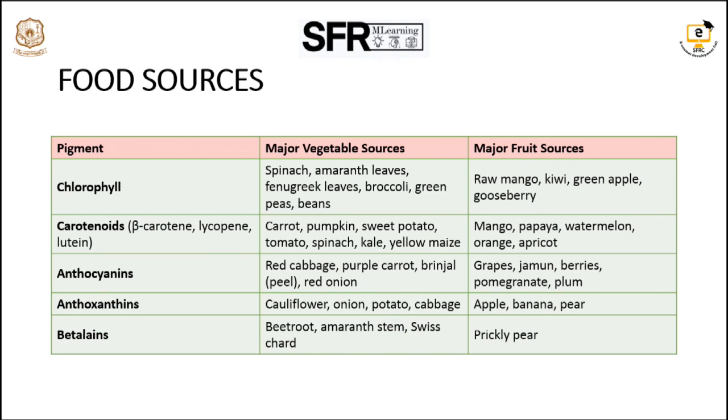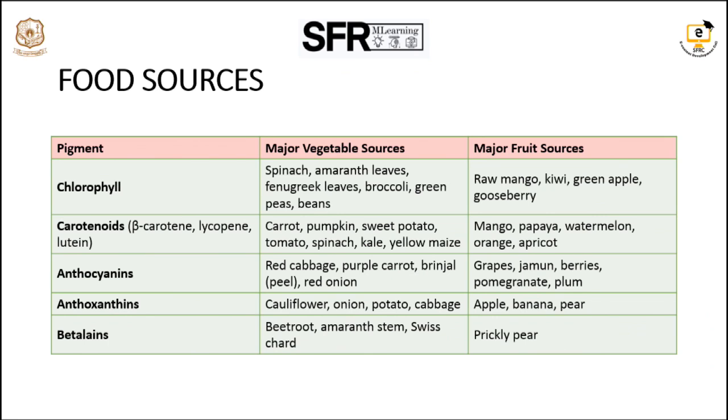Now the food sources of these water soluble and fat soluble pigments are given as follows. Chlorophyll is present in spinach, amaranth leaves, all the green leafy vegetables, broccoli, green peas and beans. In fruit sources it is present in raw mango, kiwi, green apple and gooseberry.